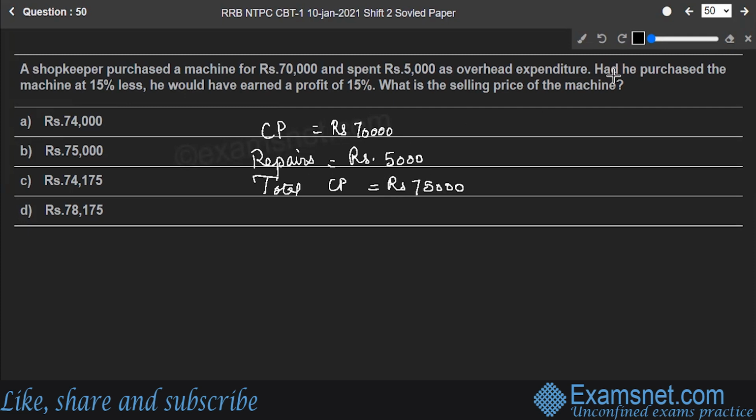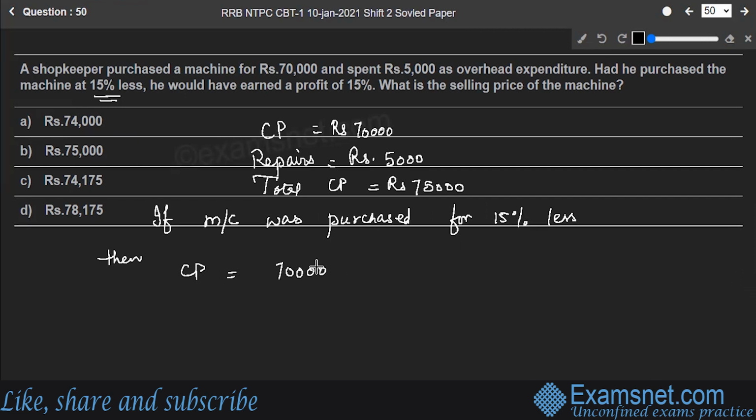So now, had he purchased the machine for 15% less, then the cost price will be 70,000 minus 15% of 70,000 plus 5,000 which were spent on the repairs.